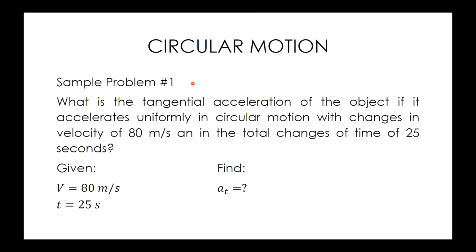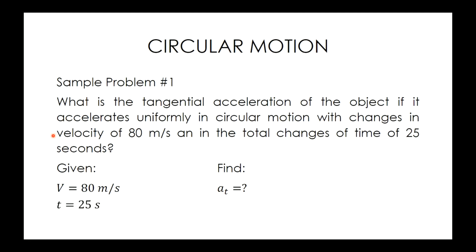Sample problem number 1: what is the tangential acceleration of the object if it accelerates uniformly in circular motion with changes in velocity of 80 meters per second and in the total changes of time of 25 seconds?